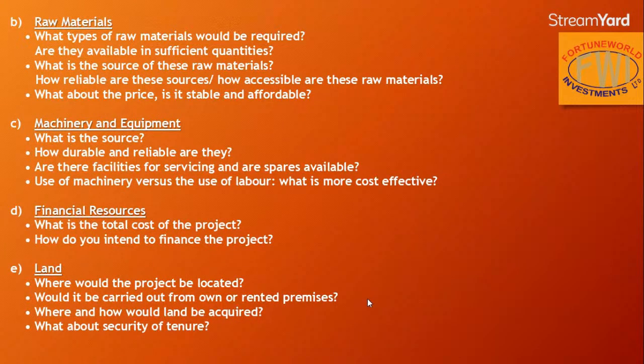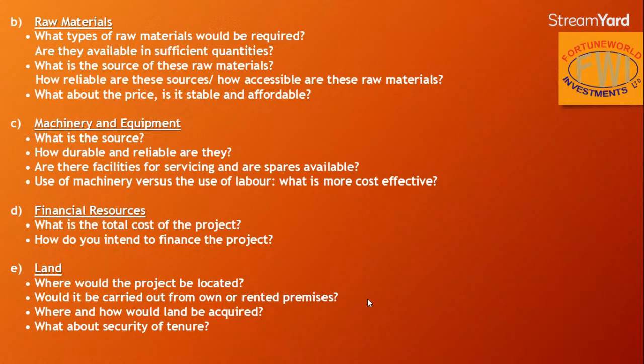So we are talking about raw materials. These are the materials that you are going to need in that manufacturing business or any other business. It can be manufacturing in carpentry. You need the planks, the wood. You need the nails.